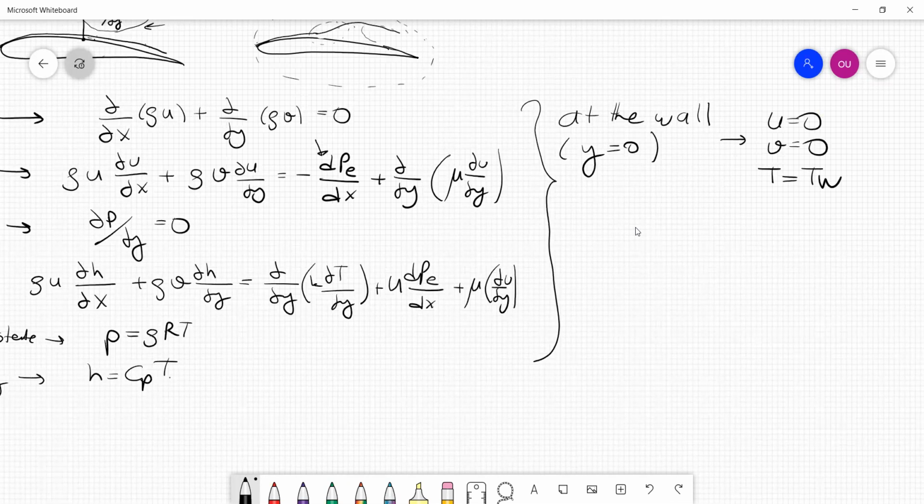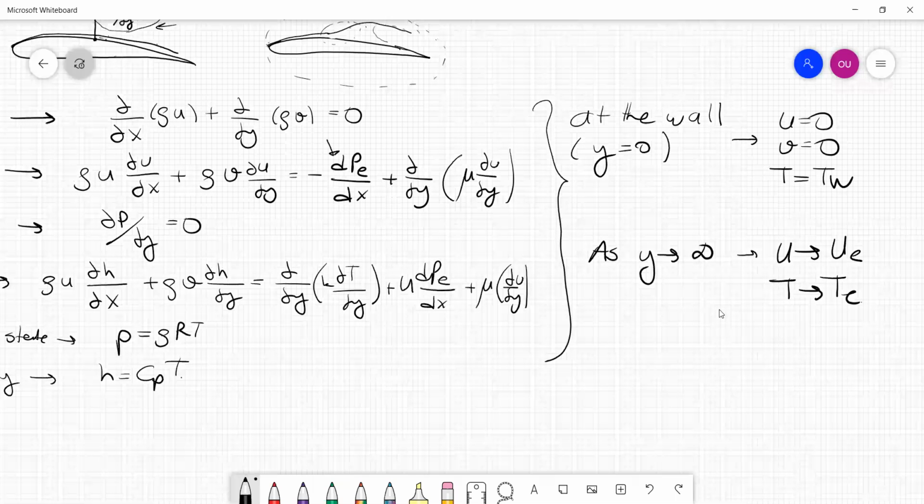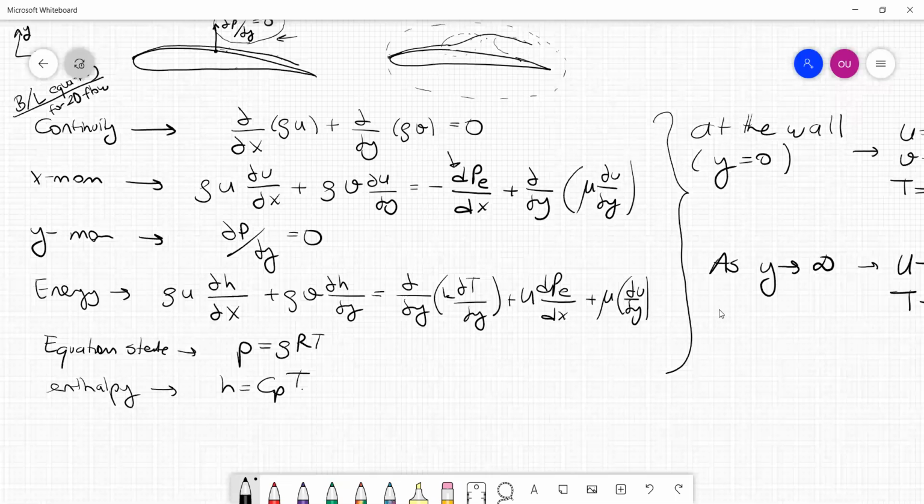Okay, and as y goes to infinity, so getting outside the boundary layer, u approaches u edge and temperature approaches T edge. So these are our boundary conditions that are necessary to solve this set of equations to actually find boundary layer properties on a solid body.